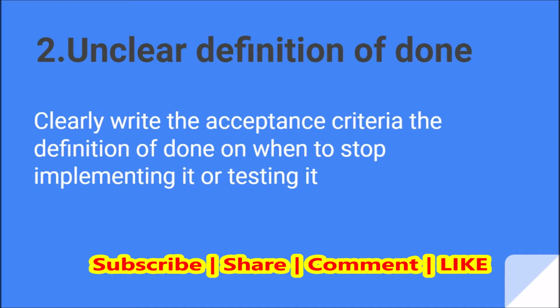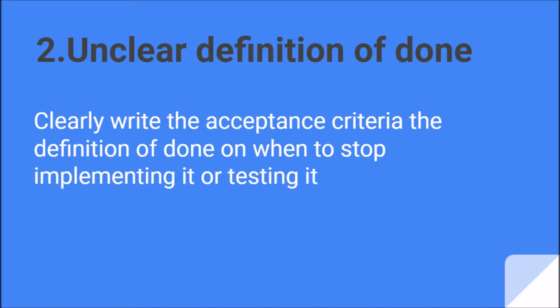They have to clearly define what the definition of done is. If the acceptance criteria are not written properly, then there is no clear point to stop implementing or stop testing, and there is no end to it. To solve this issue, product owners should clearly indicate the definition of done.